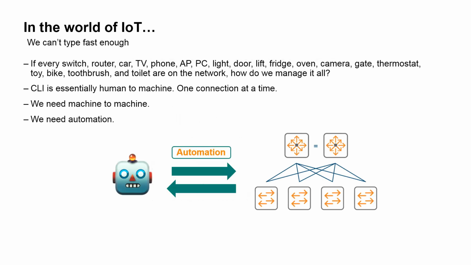So if you think about it, the CLI is essentially human to machine interaction. So it's one connection at a time. What we really need is we need some automation. We need to offload these tasks of controlling the networks to other devices, so to machines. So we need machine to machine interaction. We need automation.